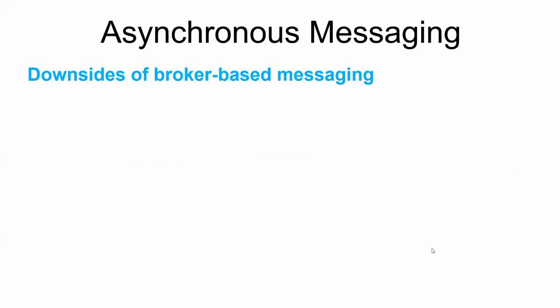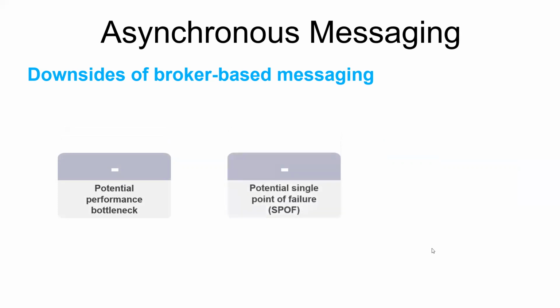On the other hand, there are some downsides to using messaging. The first one is potential performance bottleneck. There is a risk that the message broker could be a performance bottleneck. Fortunately, many modern message brokers are designed to be highly scalable. The second one is potential single point of failure.